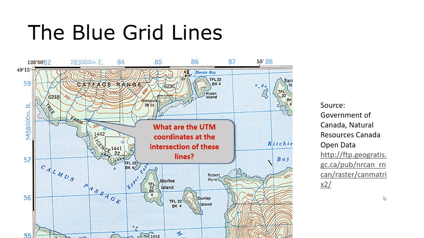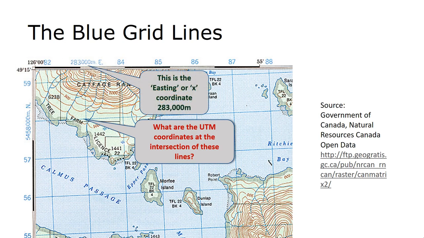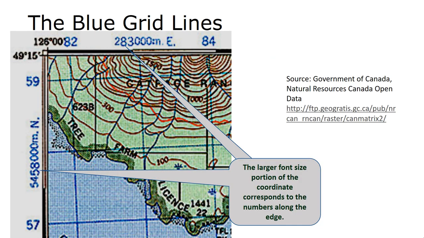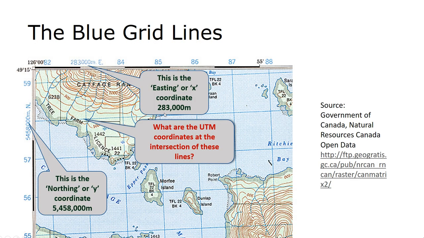So that would be my answer. Here's the eastings, or the x-coordinate, which is 283,000 meters, and then the northings, which is 5,458,000 meters. Sorry, I moved past that really fast. And that would be my coordinates.